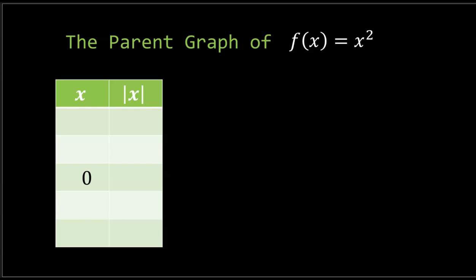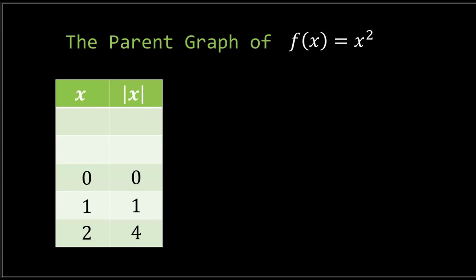That should actually be x squared instead of absolute value of x. So 1 squared is going to be 1. 2 squared is going to be 4.